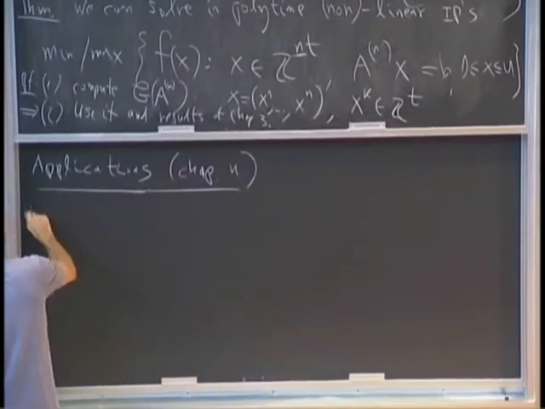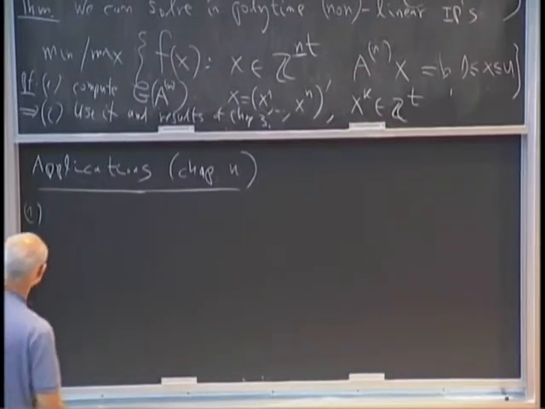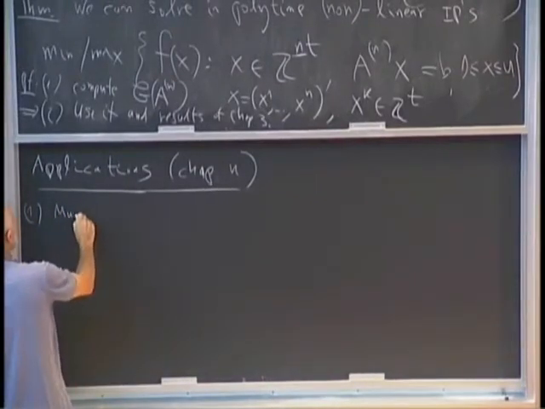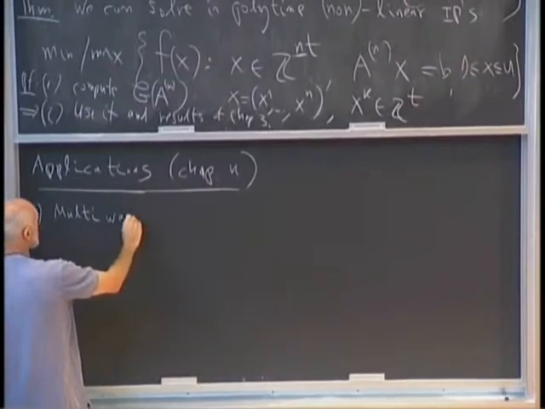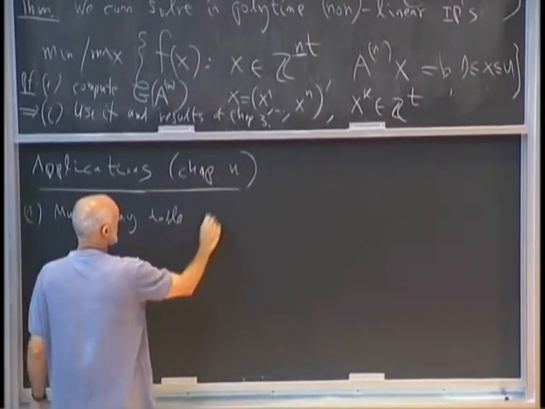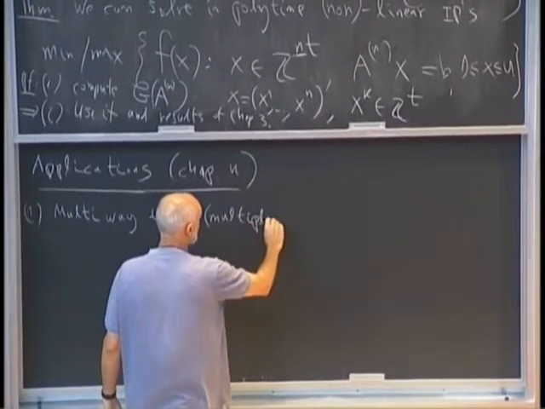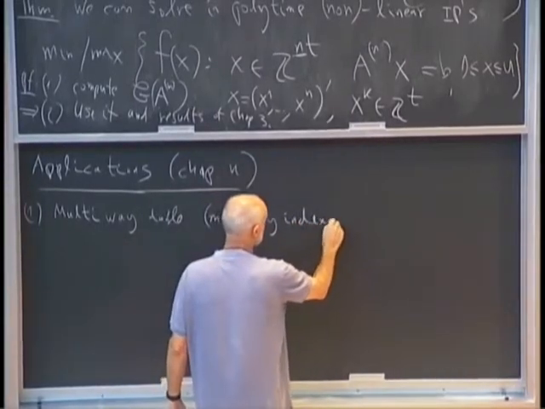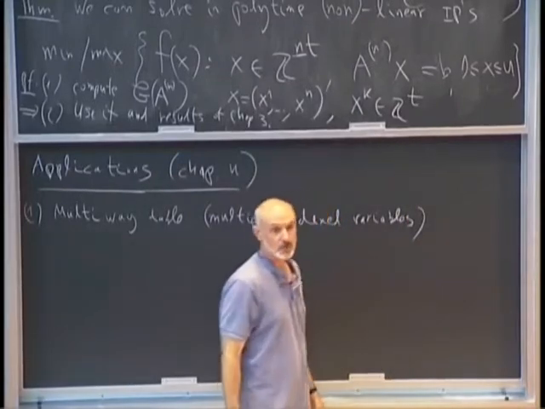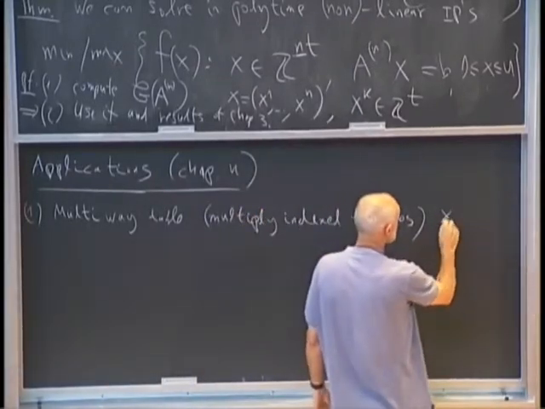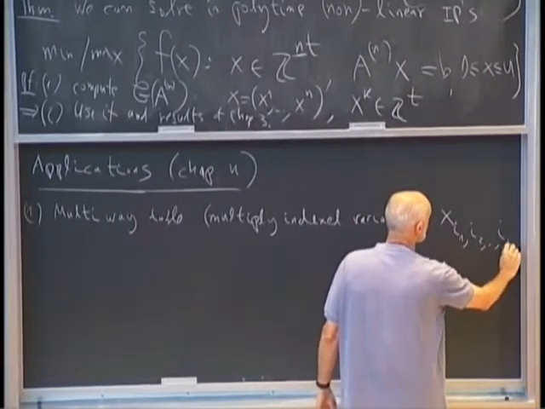First, something I'm going to discuss in the afternoon in connection with universality: high-dimensional tables. These are a very important application, multi-way tables, or in general, multiply indexed variables. These are very natural problems whenever your variables have a natural arrangement like this.